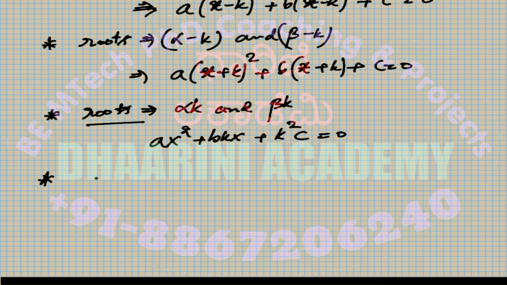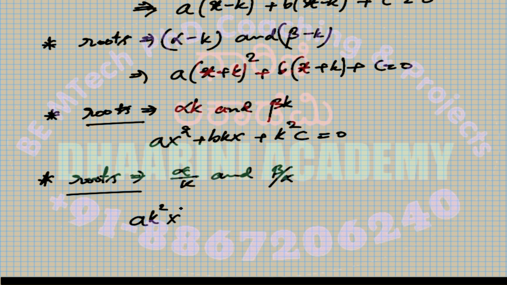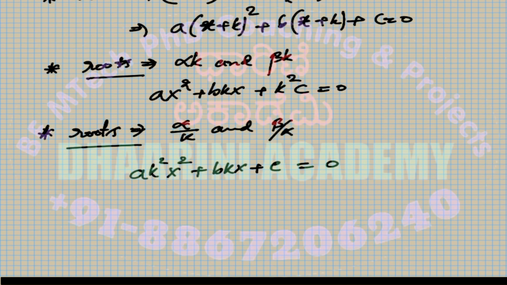Similarly, if the roots are alpha divided by k and beta divided by k, then the equation changes to a times k square x square plus b times k times x plus c is equal to 0. All right, then I change the sign of the roots, let's assume.